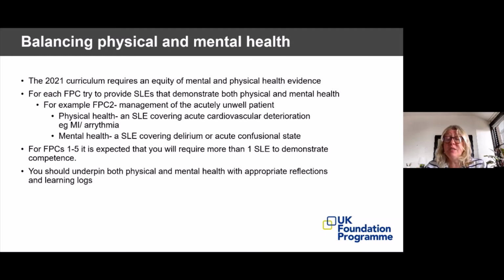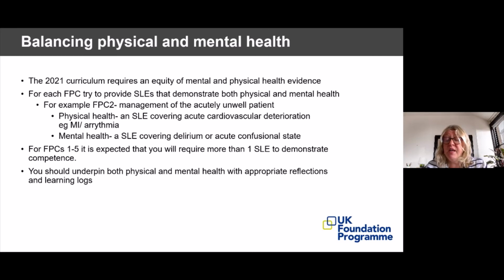The 2021 curriculum requires an equity of mental and physical health evidence. For each FPC, try to provide SLEs that demonstrate both physical and mental health. For example, FPC2, management of the acutely unwell patient. For physical health, an SLE covering acute cardiovascular deterioration, e.g. an MI or an arrhythmia.